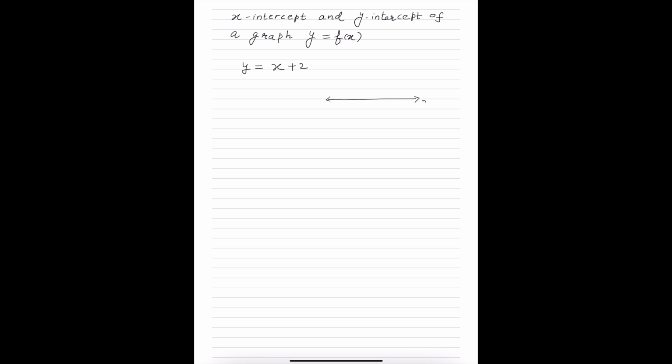We have x-axis and we have y-axis. And the sketch of this function y equal to x plus 2 is this.